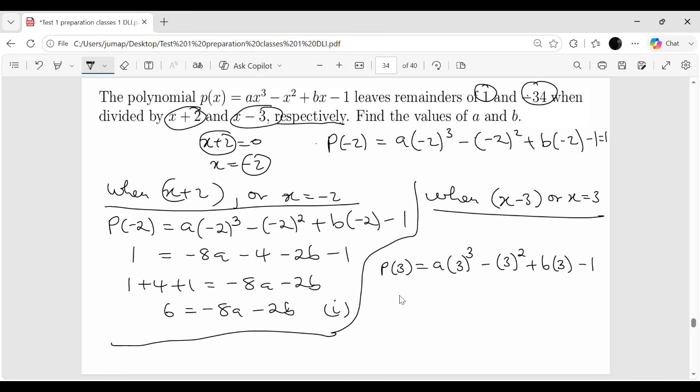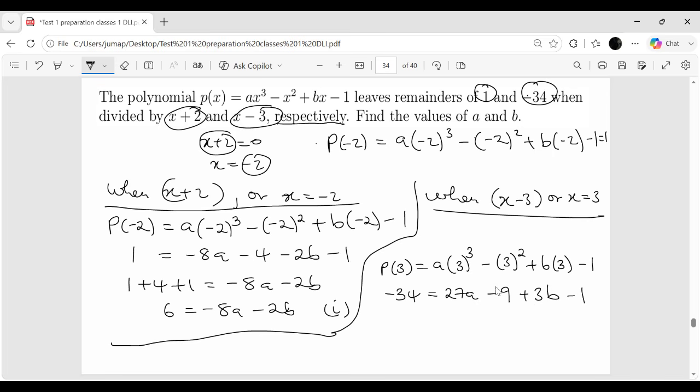I know that p of 3 is supposed to give me negative 34. It is equal to 3 to the power 3, which is 27a, then minus 9, then plus 3b, minus 1.